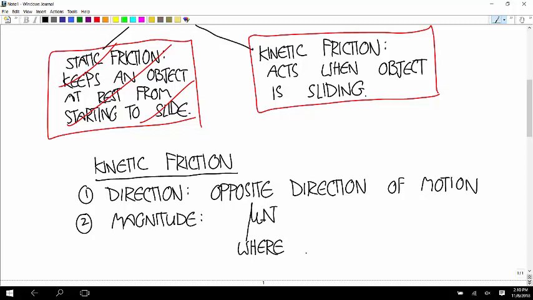Where this Greek letter mu is called the coefficient of kinetic friction.